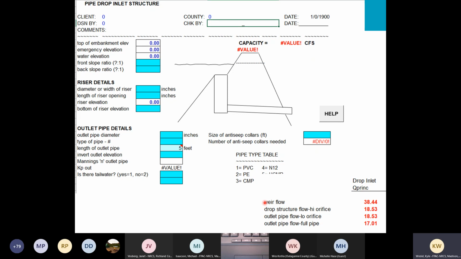What really is happening in the background is the spreadsheet's calculating the weir flow, the orifice, the high and low orifice, and the full pipe flow. Then it's going to spit out whatever the lowest of those four is and say, well, that's what your capacity is.